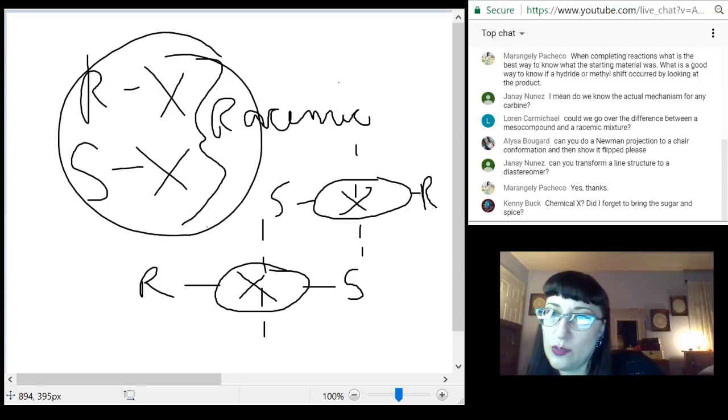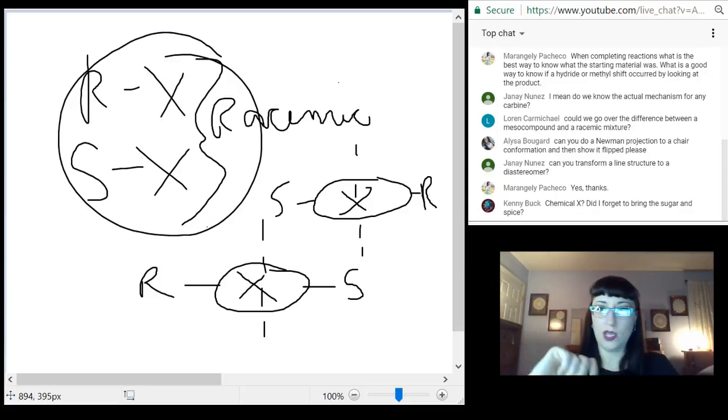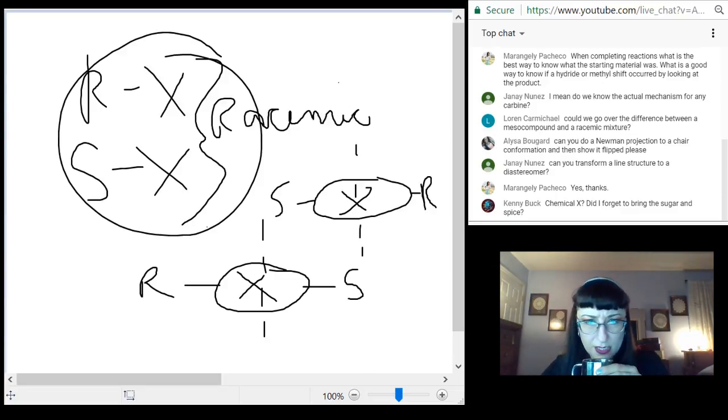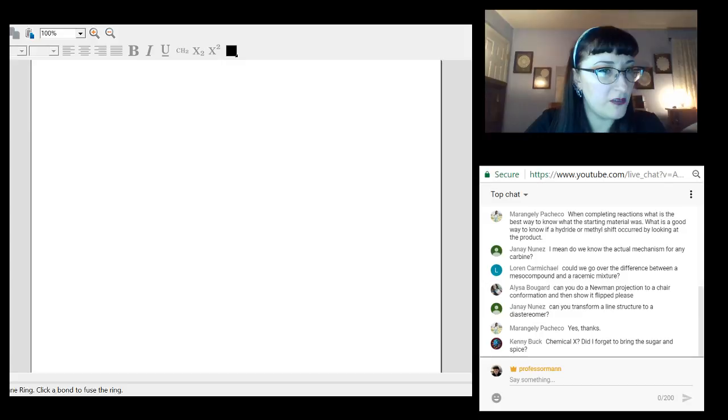Alyssa, can I do a Newman projection to a chair conformation and show it flipped? Okay, that'll be a little more challenging because I don't have a model kit. I think ChemDraw does have a template for Newman structures.